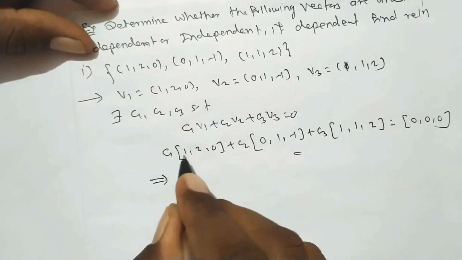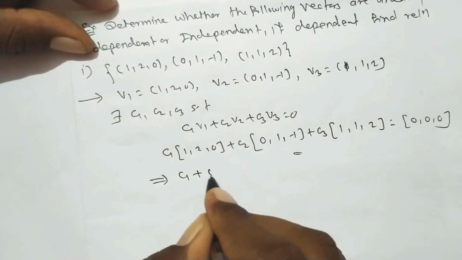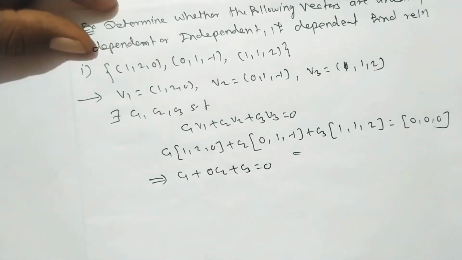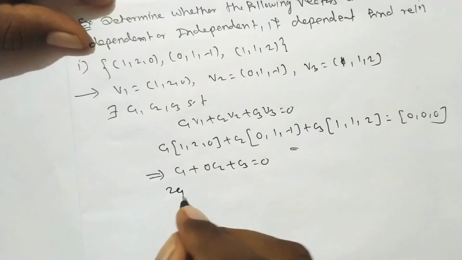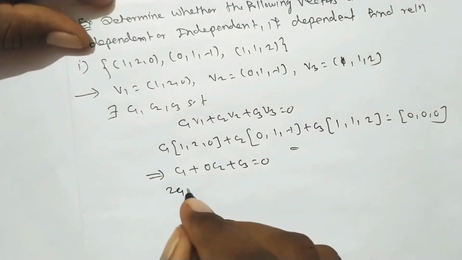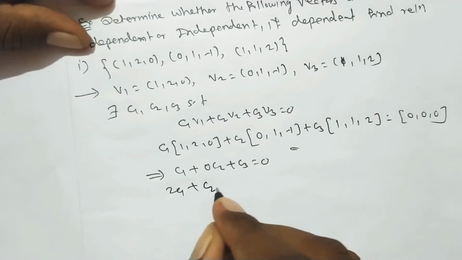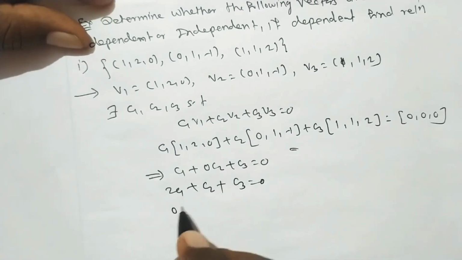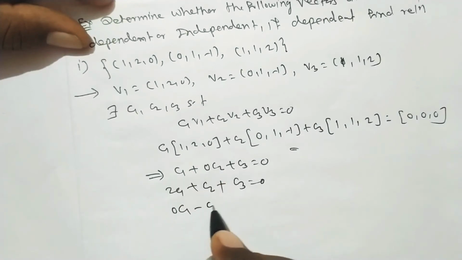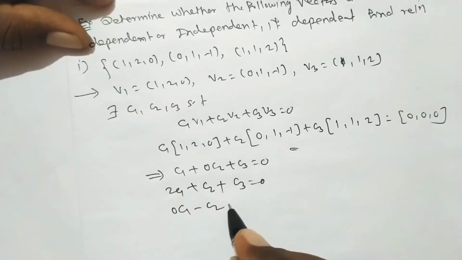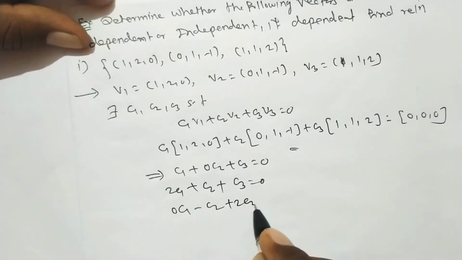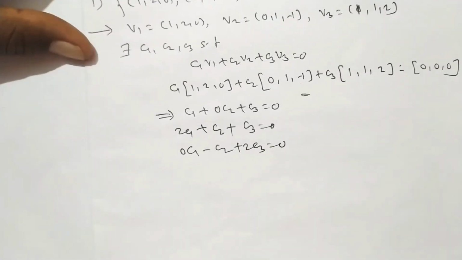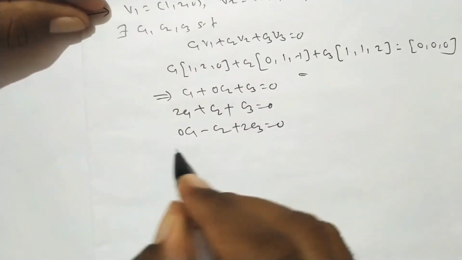Then we get the first equation: c1 times 1, that is c1, plus 0 c2 plus c3 equals 0. The second equation is 2c1 plus 1 times c2, that is c2, plus 1 times c3, that is c3, equals 0. The third equation is 0 c1 minus 1 times c2, that is minus c2, plus 2 c3 equals 0. Now we have to find c1, c2, c3. So this is a homogeneous system.